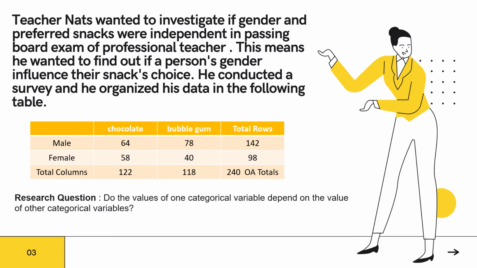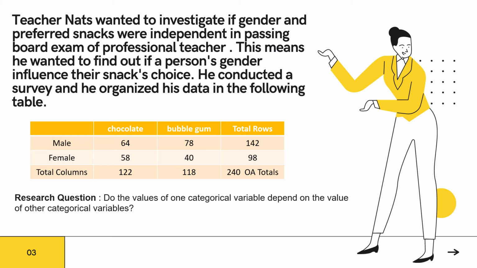Before going to the understanding of what a chi-square test for independence is, I have a research problem that I just made to help us understand it. Also, the data is self-made.